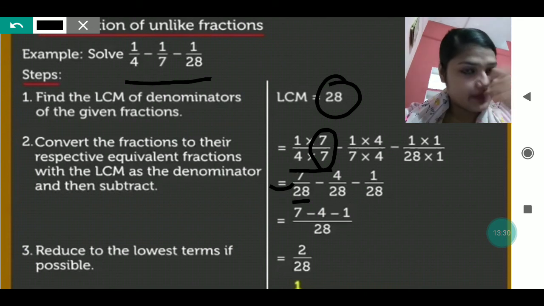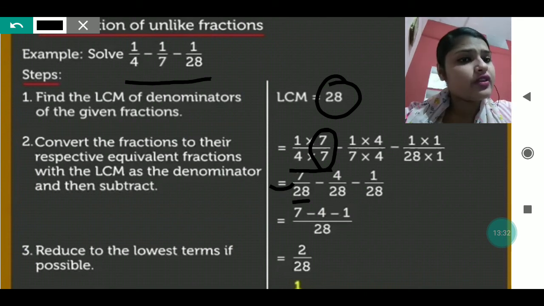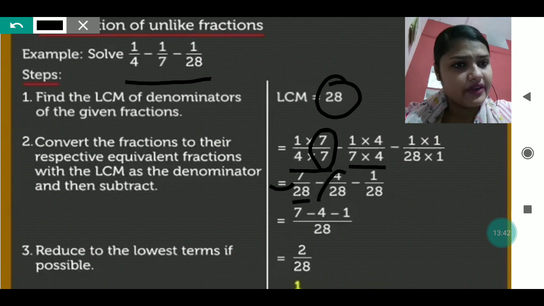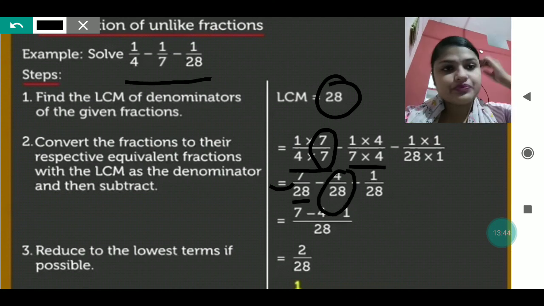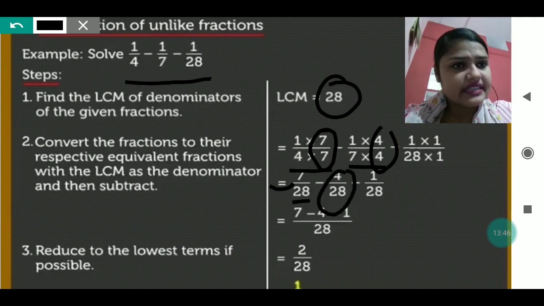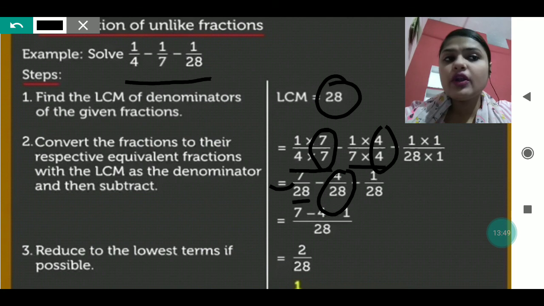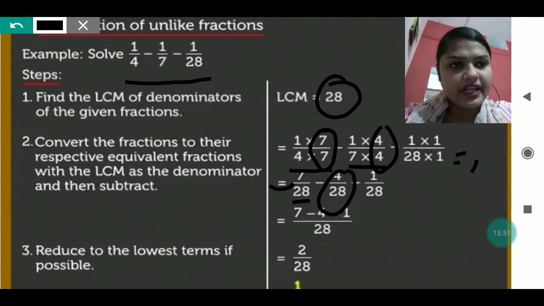Next, 7 into 4 is 28, so upside 1 into 4 will be 4 only. In the same way, 28 into 1 is 28, and upside 1 into 1 will be 1.